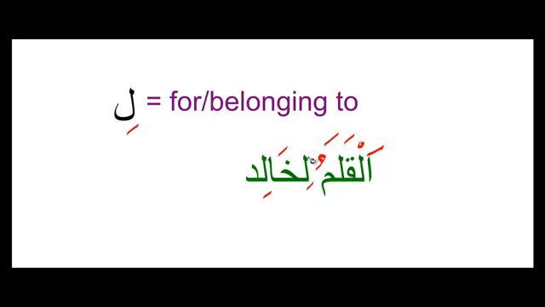But because this lam has come, this harf al-jar has come here, I have to add 2 kasras at the end of Khalid. So it becomes al-qalamu li Khalidin. The pen is for Khalid, or the pen belongs to Khalid. And it's very similar to mudaf ilayh, this harf al-jar, but there is a difference, as you can see.